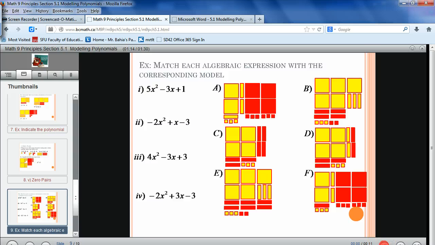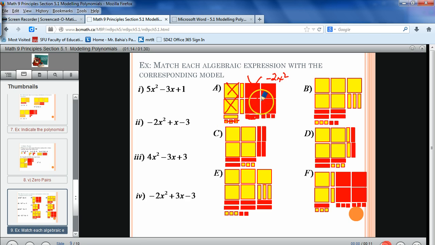So here, let me just draw this one, you'd have that one cancelling out with that one, cancelling out with that one, and then you're left with negative 2x squared, those two there, and then you've got these two cancelling out with those two, and these 3 cancelling with these 3.